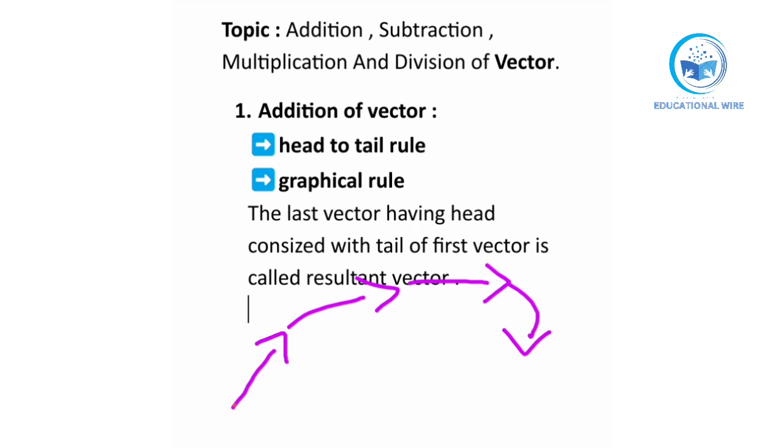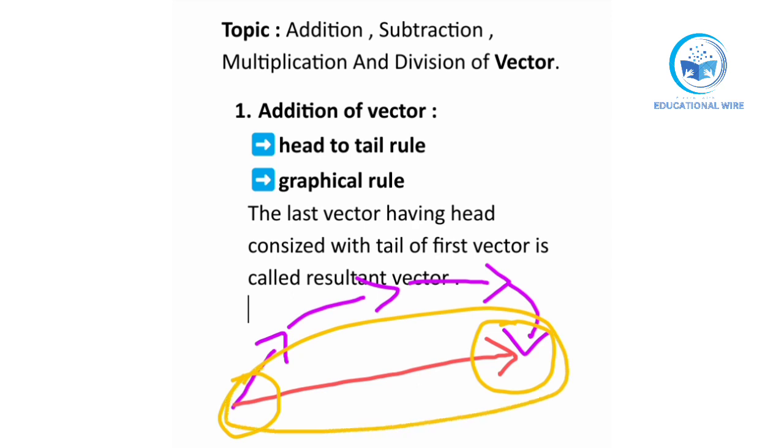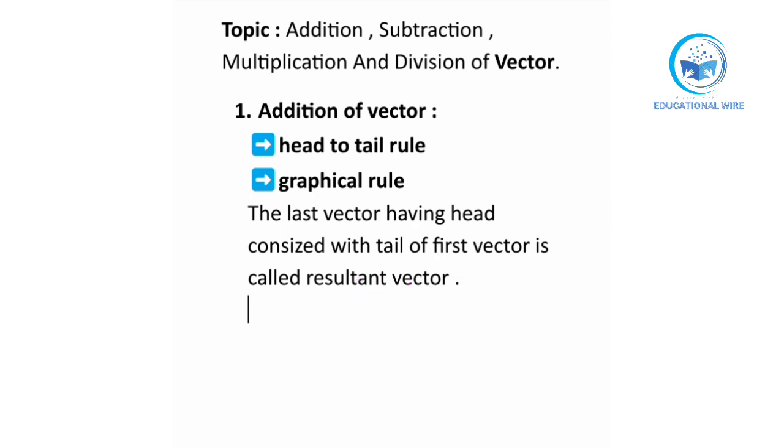Now like this, the last one, tail to tail and head to head. In the last vector, the head is joined with a head and the tail coincides with the tail, so this vector is called the resultant vector.